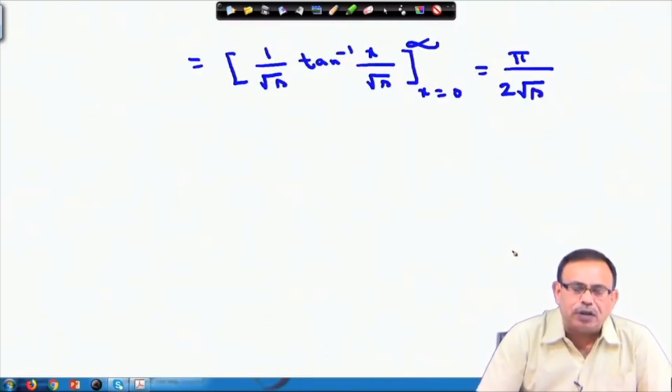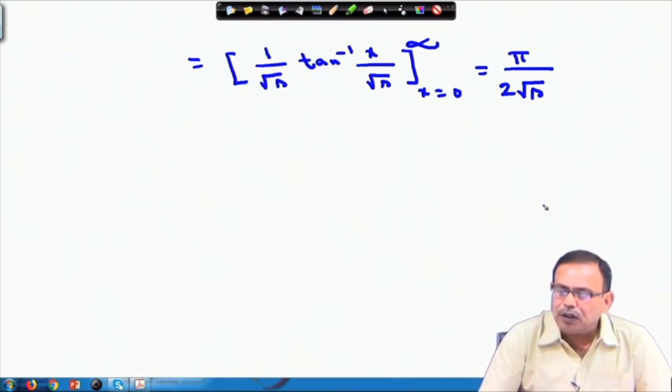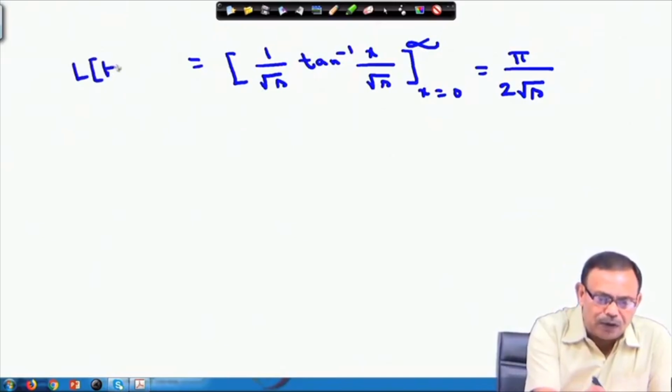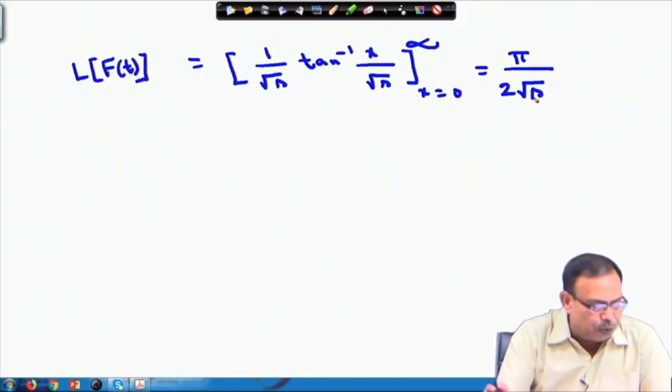So effectively the Laplace transform of f(t) equals pi by 2 root s, which we obtained earlier.